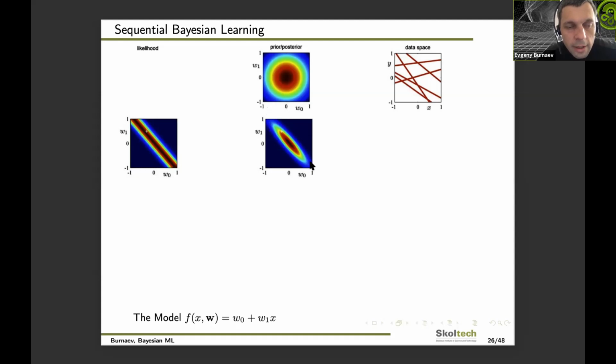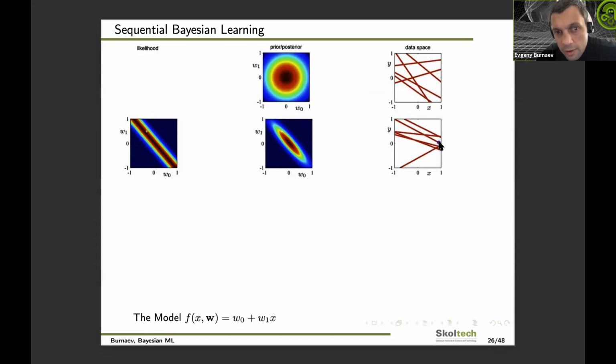And so now my posterior is concentrated in this way. If I generate now values of parameters W1, W0 from this posterior, and draw plots of how this linear function behaves for different values, I will get these plots.